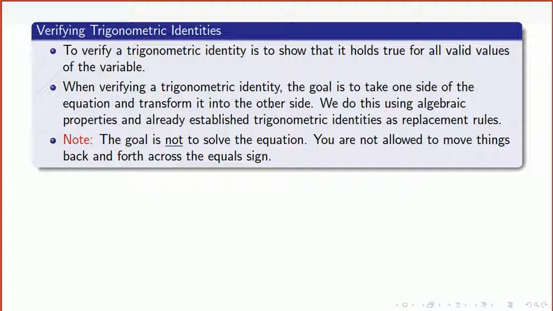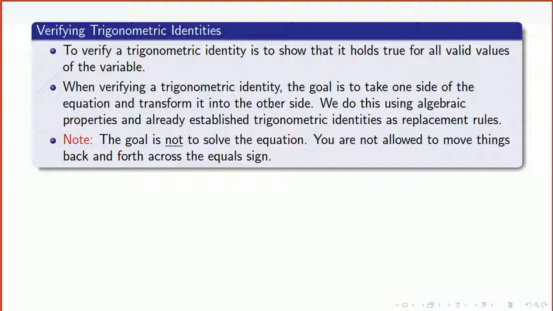We can do this using our algebraic properties, the things we've learned in terms of simplification, and also our already established trigonometric identities as replacement rules. We have a list of identities that we know hold true, and we studied some of those in the previous video. We're going to use those to verify other trigonometric identities.